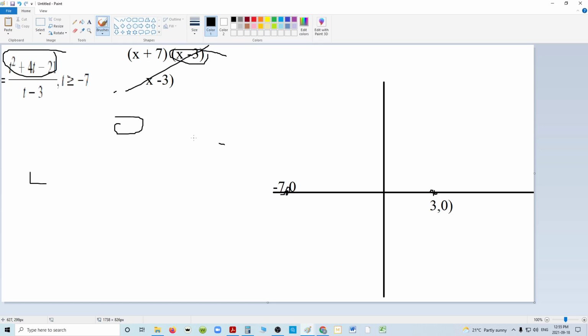Because you see how they cancel out? So really we're talking about a line, x plus 7. So it's going to go through like that. And at 3, because that's both an x-intercept and it's been canceled out, we're going to discover a hole at 3, 0. It's not going to go through the x-intercept.